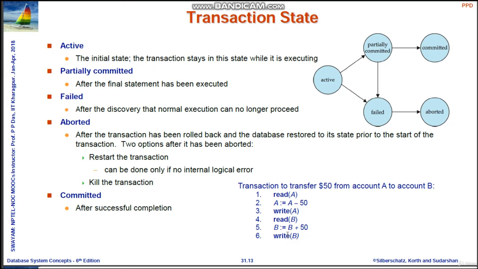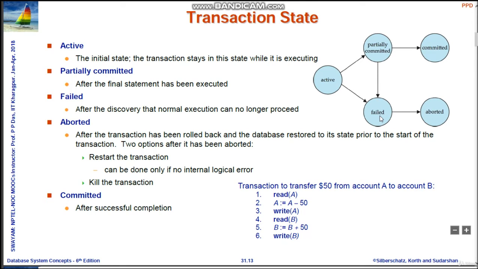So if it fails, then it will go from the partially committed state to the failed state. Now all work is wasted, all things will come into the failed state. And same for the active state. If suppose our transaction is executing right now, and at the time of a system crash, it will go from active to failed. That's why there are two arrows, from active and partially committed.